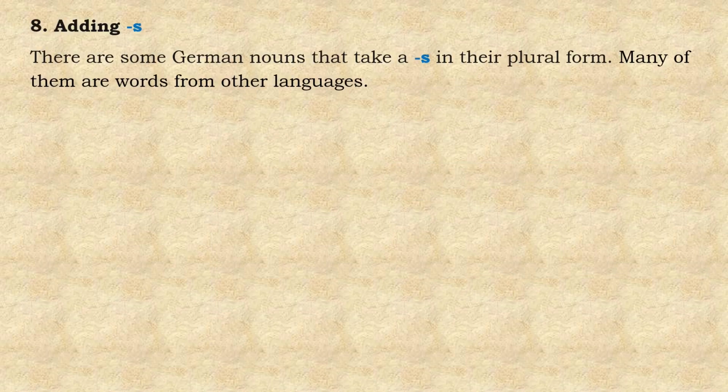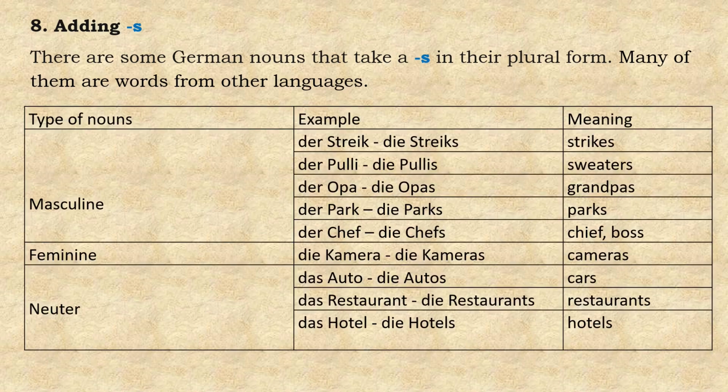There are some German nouns that take an s in their plural form. Many of them are words from other languages. In masculine, for example, der Streik, the strikes, der Pulli, the pullovers, der Opa, the opas, der Park, the parks, der Chef, the chefs.